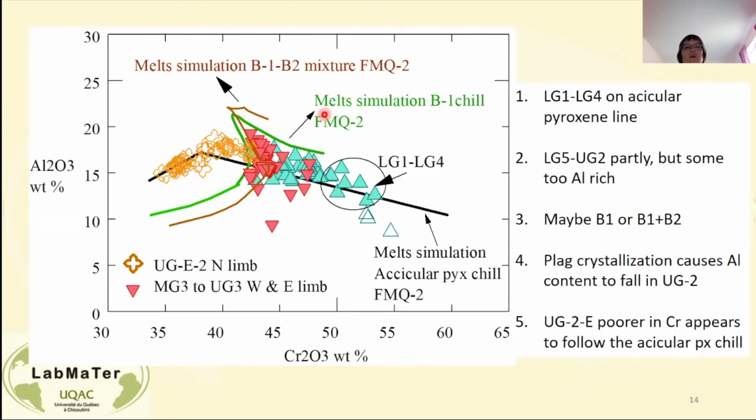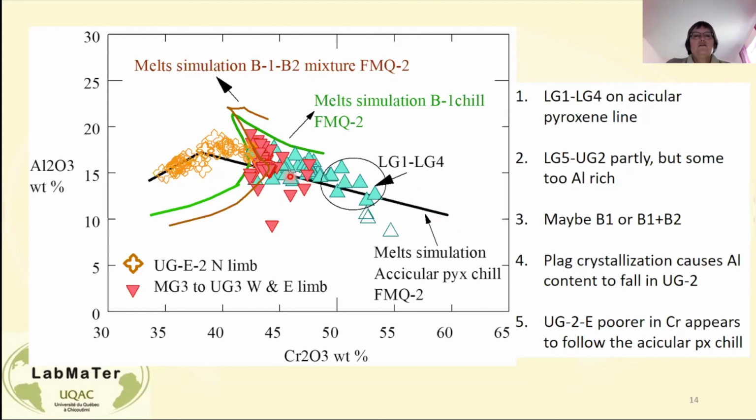If we look at the Bushveld now, that's a bit more complicated again. We have the line for the acicular pyroxenite chill, and maybe a few of the lower group 1 to 2 could be satisfied with it. Maybe they would be satisfied.